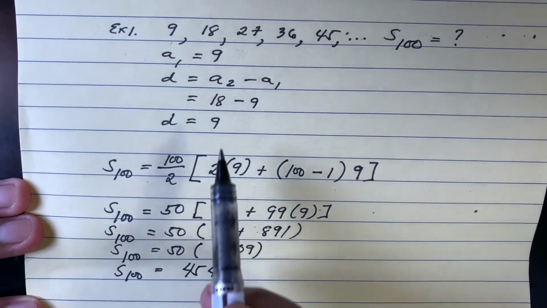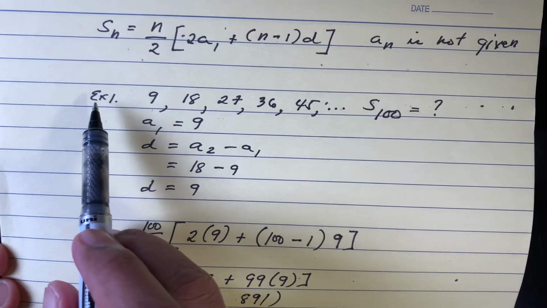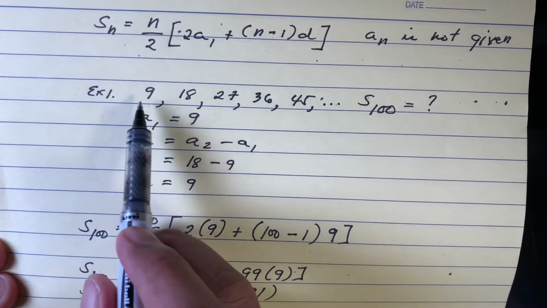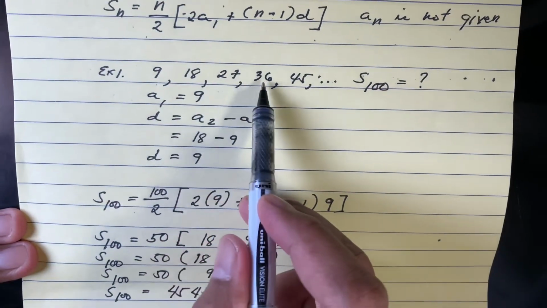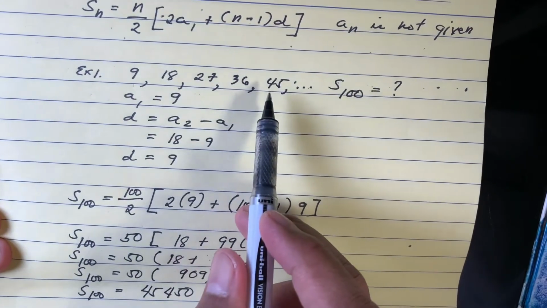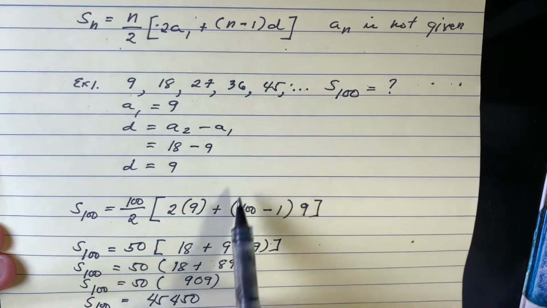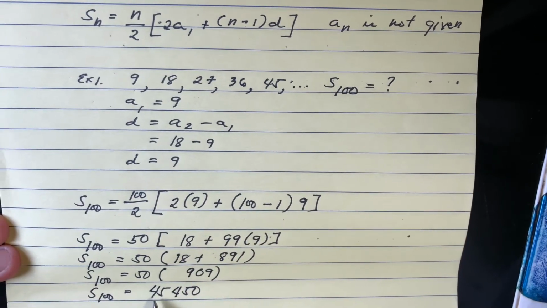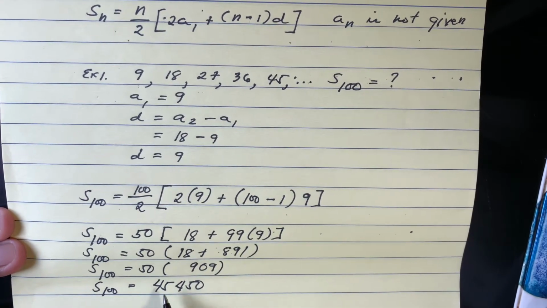So, if we are going to find out now the series of our example using this 9, 18, 27, 36, 45, the sum of the first 100 terms, which is denoted by this, is equal to 45,450. This is the answer.